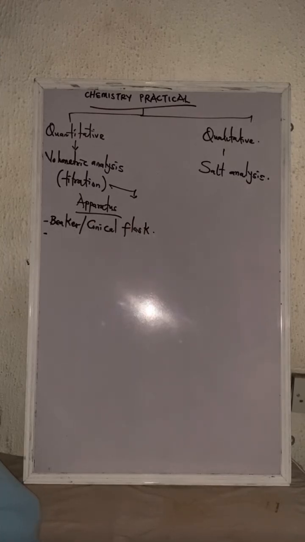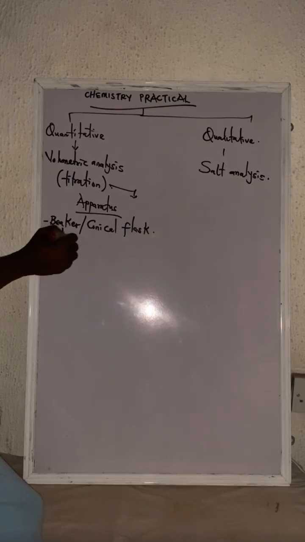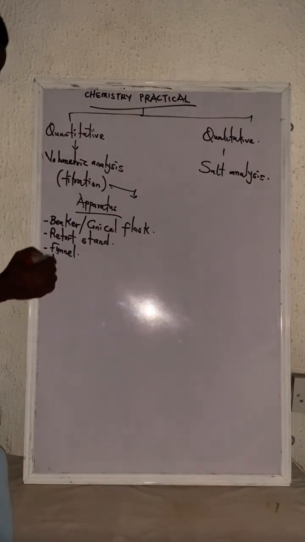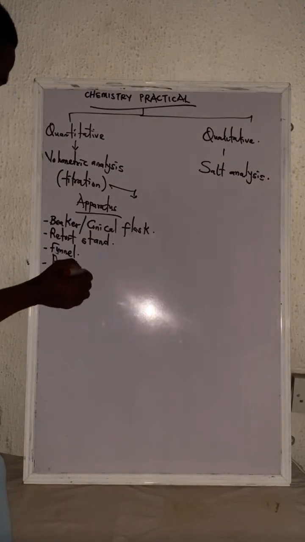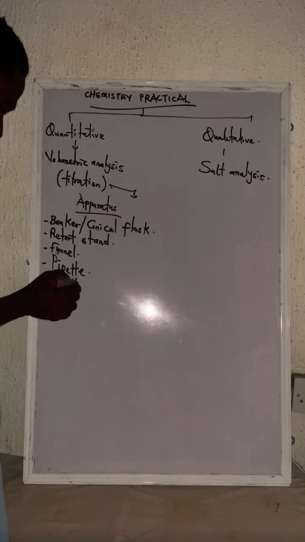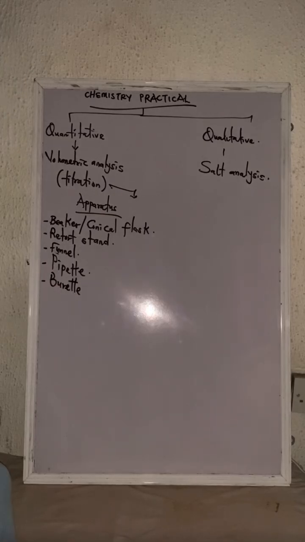Two, you'll be given a retort stand. Three, you'll be given a funnel. Four, you'll be given a pipette. Also, you'll be given a burette. So these are the apparatus.